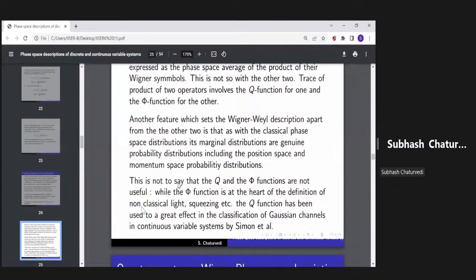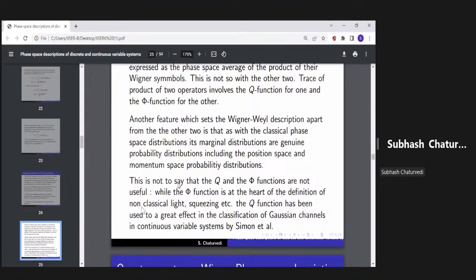Another feature that sets Wigner-Weil description apart from the other two is that, as with the classical phase space distributions, its marginal distributions are genuine probability distributions.